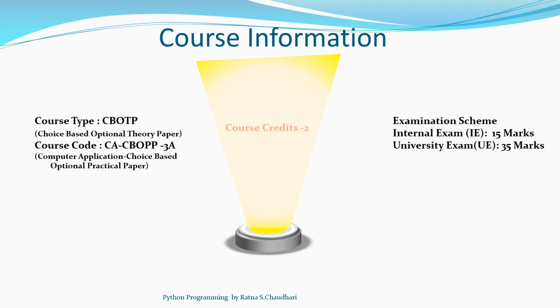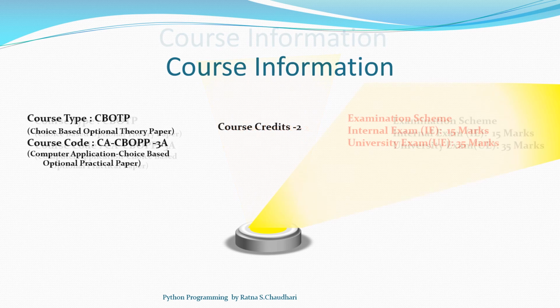Here also 2 course credits you have to earn. Examination scheme is also same, that is internal exams you have to secure maximum 15 marks and for university exam you have to secure maximum 35 marks.